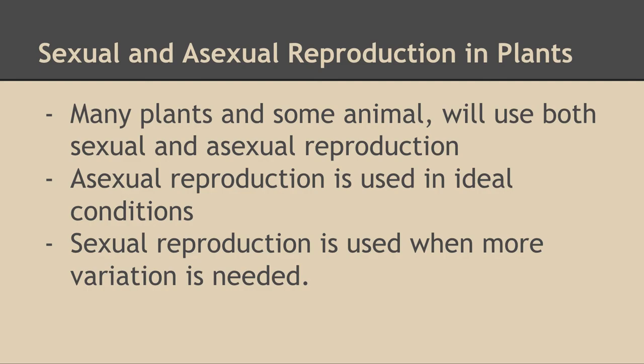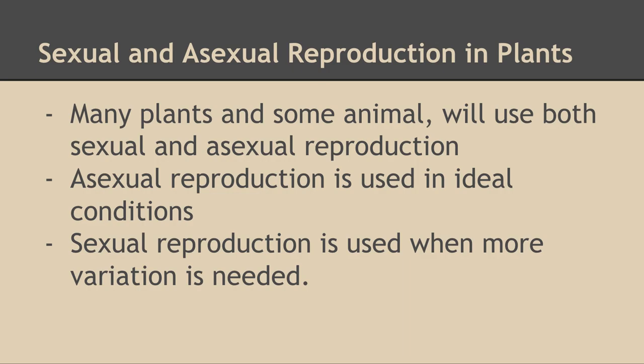In many plants, as well as some animals, they're able to use both sexual and asexual reproduction. Plants will go through all of this big process of sexual reproduction because it creates variation, which is beneficial. But when everything's good, they don't need to. So that's when they'll switch over to asexual reproduction.